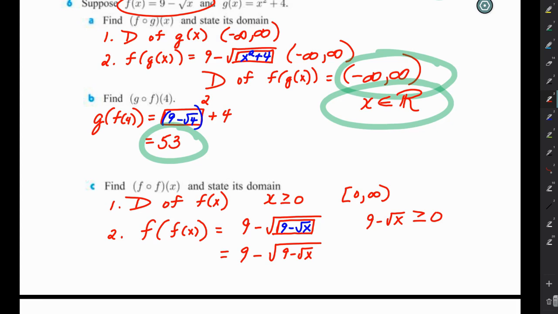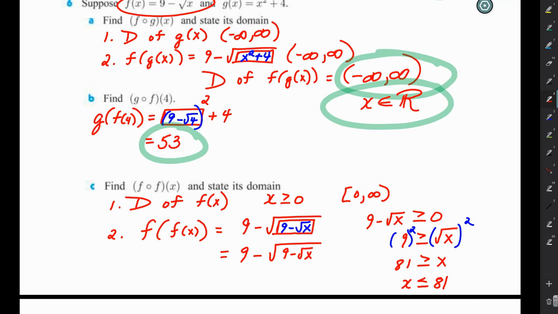So we end up with 9 is greater than or equal to root x. And I'm going to square both sides, so I'm going to get 81 is greater than or equal to x, right? Square both sides to undo that square root. And I'm just going to rewrite that with the x first, so that means that x has to be less than or equal to 81.